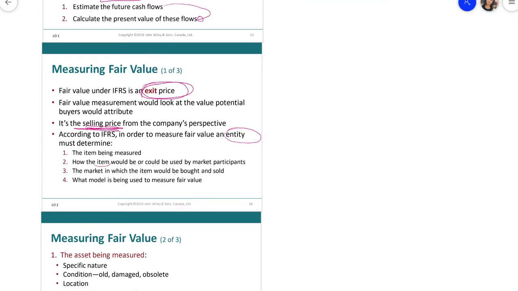We could also look at how these items would be bought and sold, and what model is being used to measure the fair value of these items. So that's just talking about a fair value method. When you're measuring your assets or your company, we use a fair value model to measure the assets or the entity.